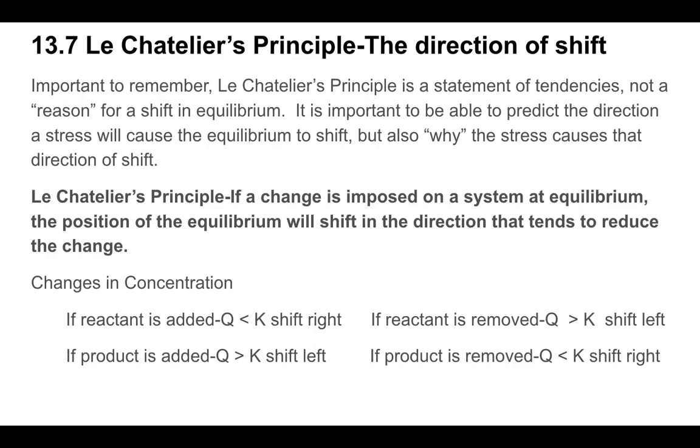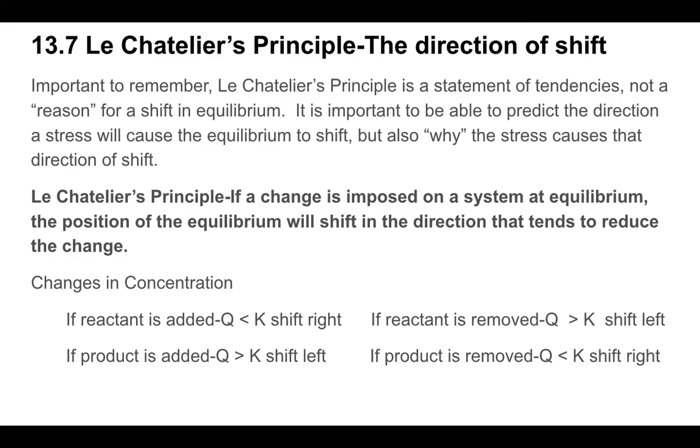So Le Chatelier's principle may give you the direction of the shift, but it won't finish the answer as to why that's the direction of shift. And so you need to be able to say in more detail the reason why the reaction shifts that way. So as I go through my Le Chatelier's principle examples, I will also be including the explanation.